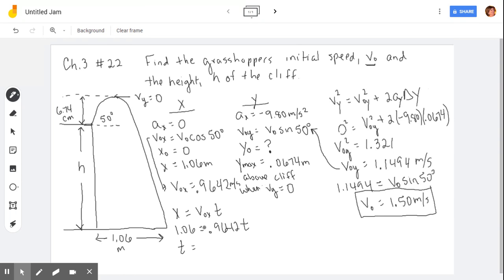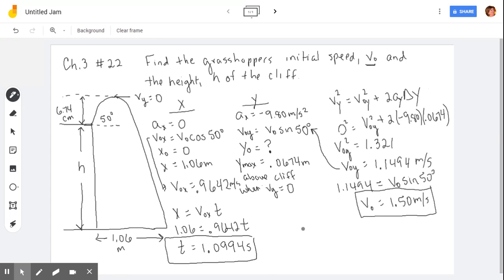And I find out that we're in the air for a time of 1.0994 seconds. I'm carrying a lot of extra places. This isn't my answer, but it's a good stepping stone. How long I'm in the air. If I know how long I'm in the air, I can solve this problem.